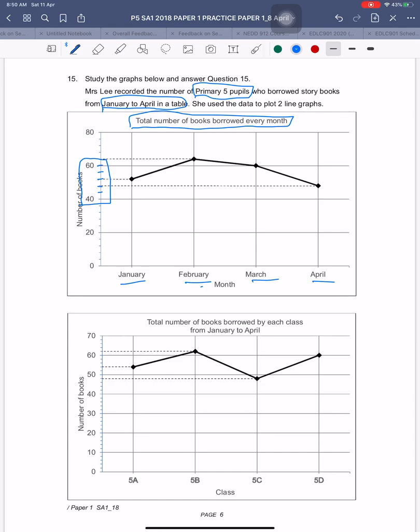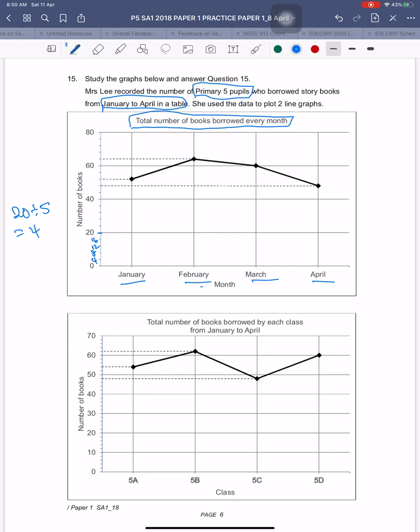So 40 to 60, the value is 20 divided by 5, so it's 4. That means every marking represents 4. So from 0, this will be 4, 8, 12, 16, 20. This is important for you to actually know the value of each marking. Okay, so I'm going to erase this so that it's clearer.